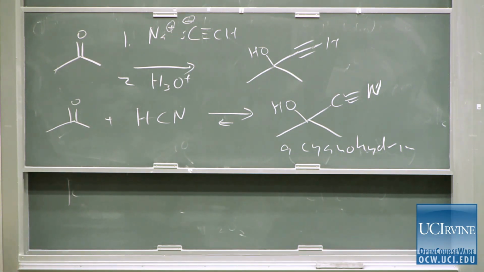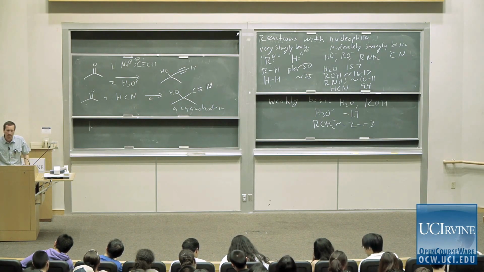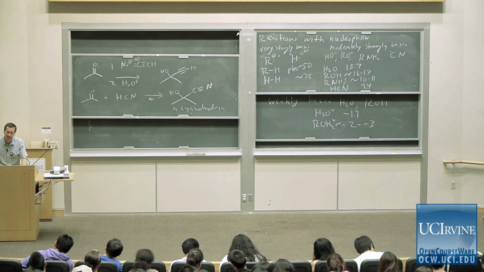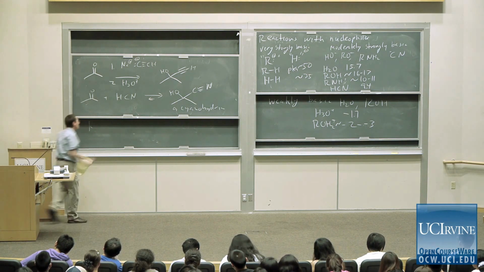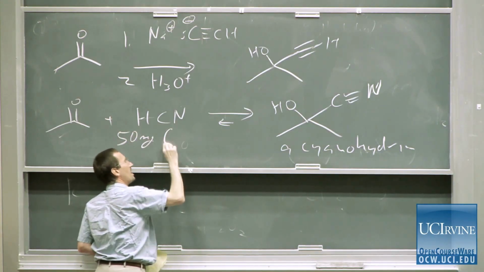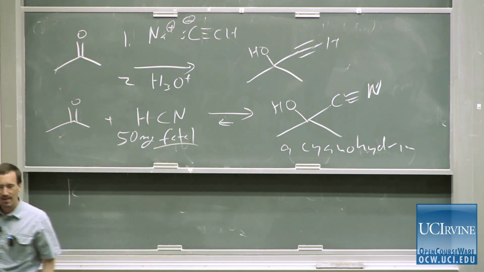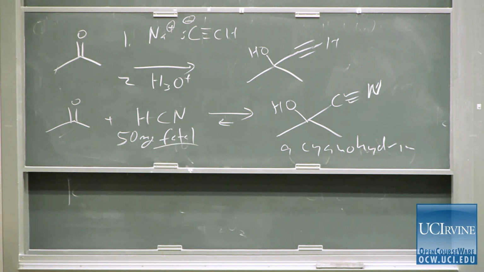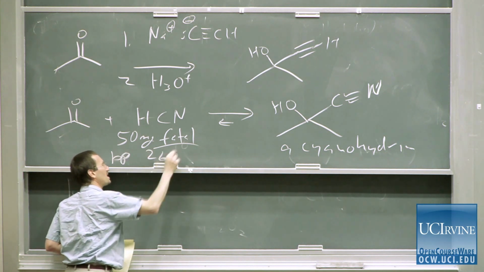It is probably the most poisonous commonly encountered compound in the organic chemistry laboratory. Hydrogen cyanide is typically fatal at 50 milligrams. It's a gas, or more specifically, it's right on the edge of a gas and a liquid. Its boiling point is 26 degrees.